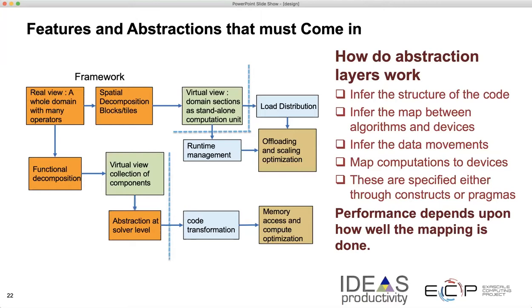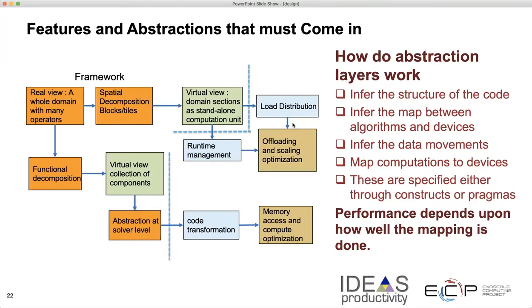And this can be done either through constructs, as many of the C++ based abstraction tools are doing, or with pragmas, as OpenMP and OpenACC are doing. But all of these are just ways in which you express your computations, and these are the means that map from here to here through the tools that are provided by these blue boxes.